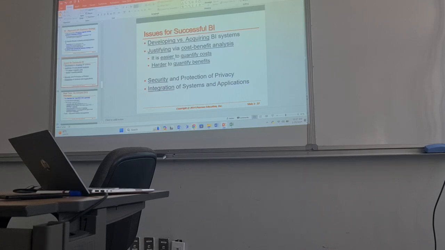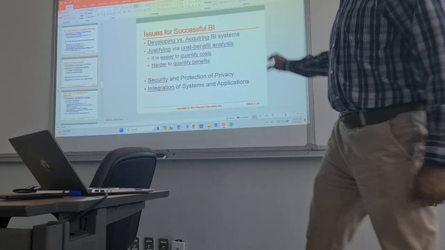So you have to check the capabilities of Power BI, and one of the big roles is to evaluate those solutions. You see if Power BI, for example, is aligned to your company or not. Is it going to serve what you're trying to do? If not, you may have to take a decision where you might not be acquiring, you might be developing. So development versus acquisition is one thing.